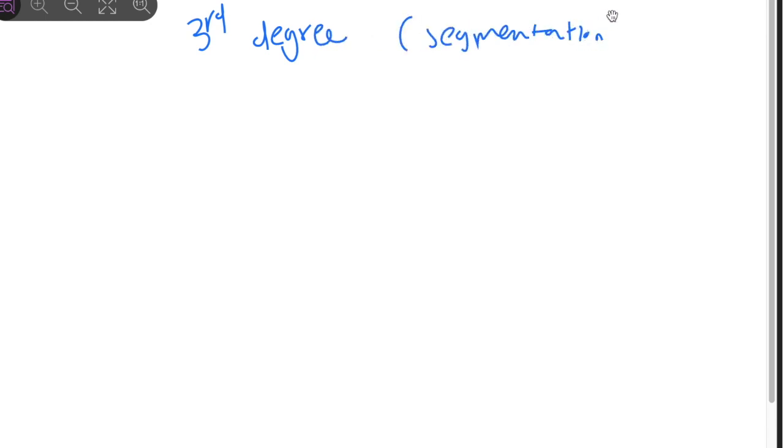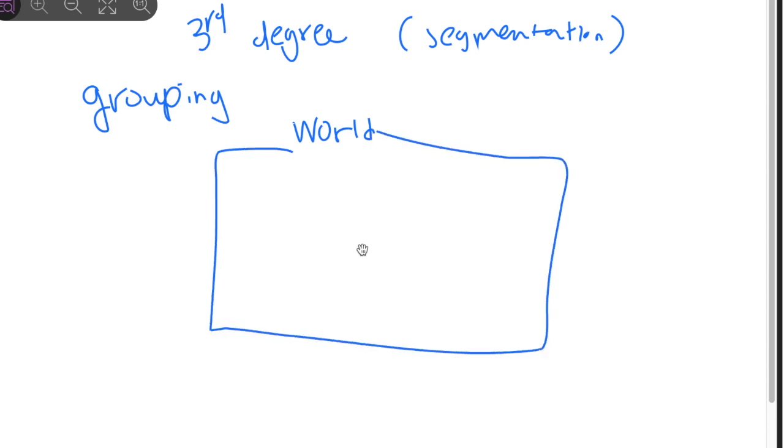So how can we have third-degree segmentation? It's all about grouping, right? In the world, broadly, if we consider the world as one square, we can have two groups. We can have the US market and the non-US market, right? What do we see in the discrimination example?